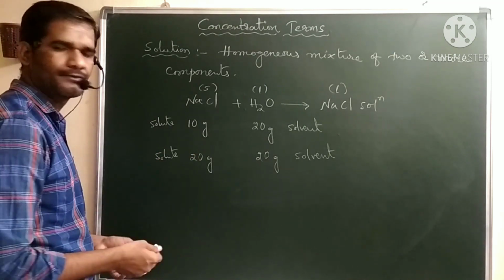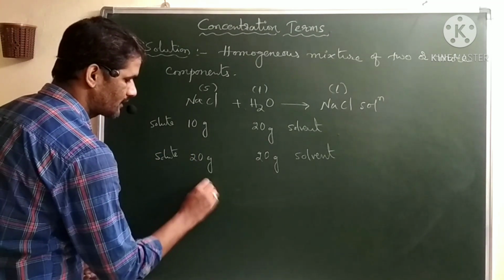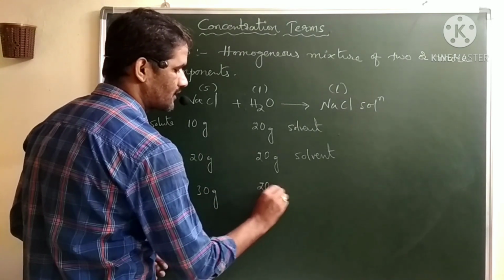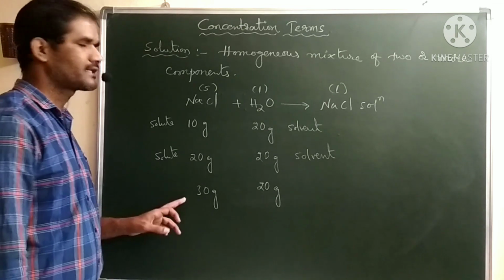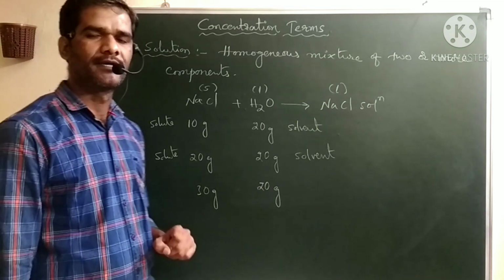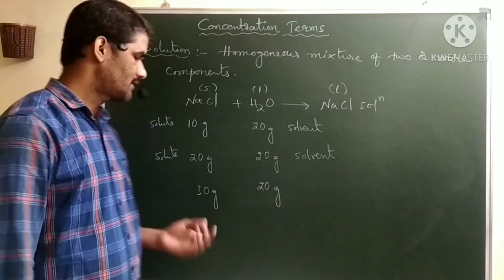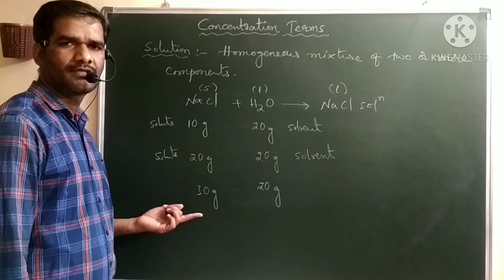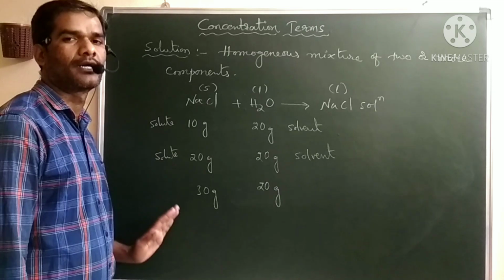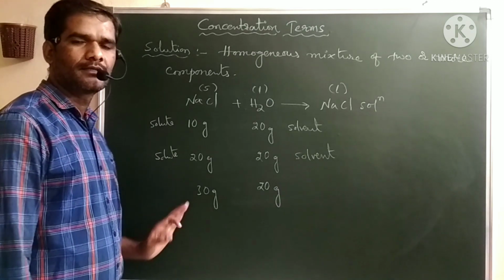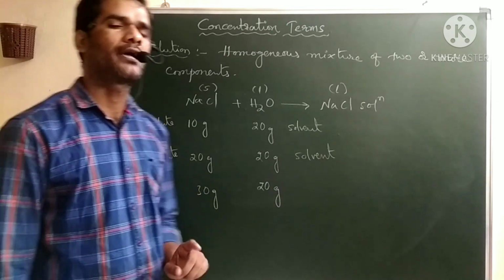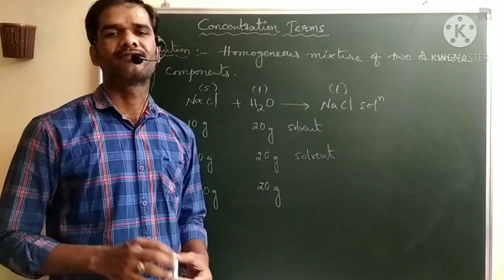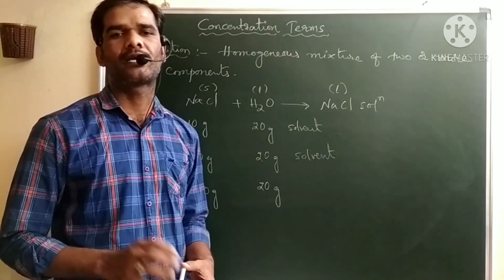Let me take one more type of solution where 30 grams of sodium chloride is added to 20 grams of water. Now in this case, what is the solute and what is the solvent? We might assume that since 30 grams of NaCl is larger in quantity, it is the solvent, but it is not. Why? The actual definition for the solvent is the substance which retains its physical state. That is accurately applicable.